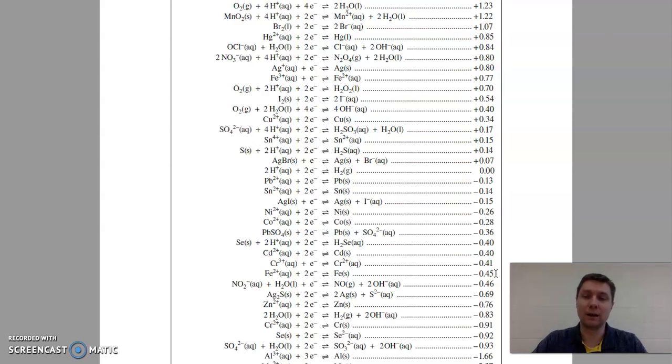And so you can do that at home. You can try that out and draw it up. Do it with the numbers listed in the book, and do it with the new numbers if the silver half reaction was the new reference half cell, and confirm that the numbers are the same. But those are the two types of questions that you could see. Either they just would simply ask you, how does this half reaction's number change if this is now the reference half cell?